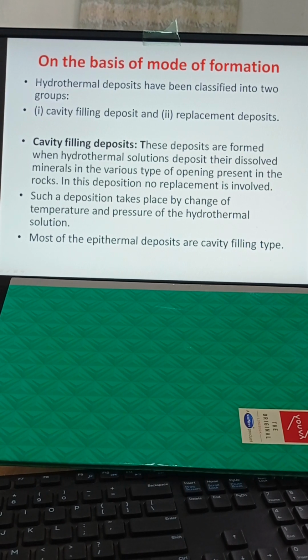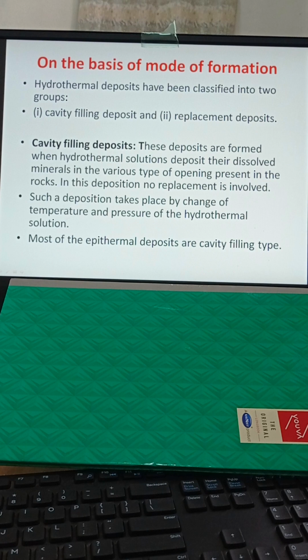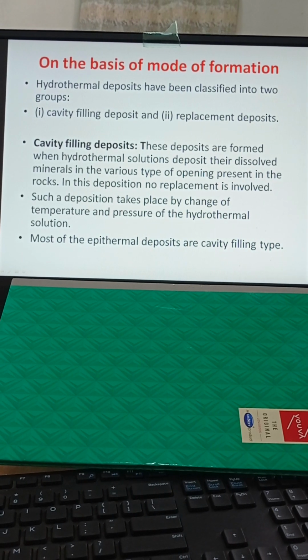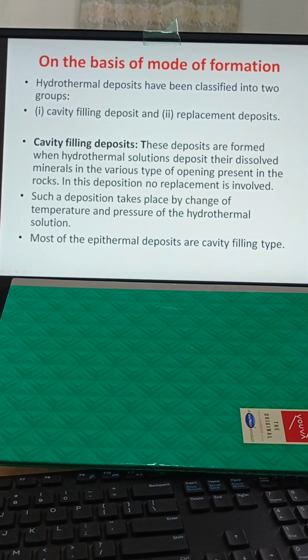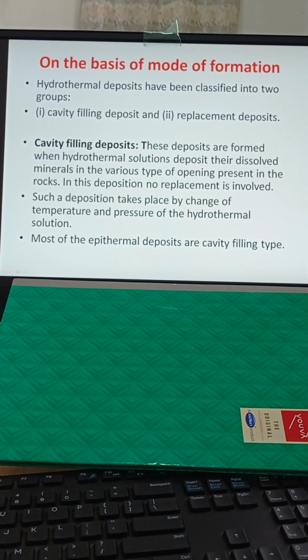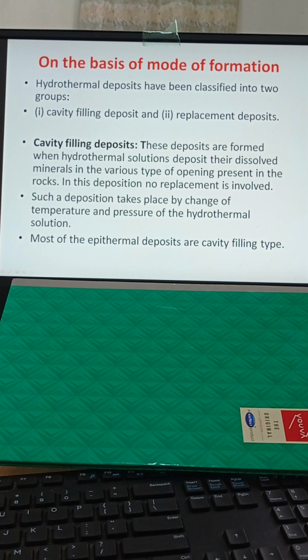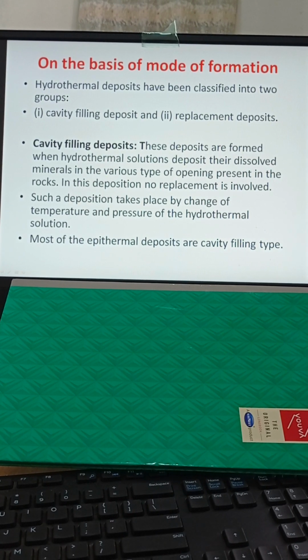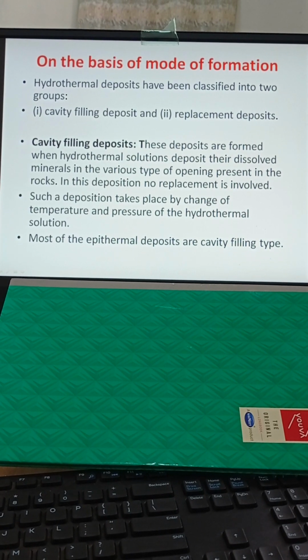These deposits are formed when hydrothermal solution deposits its dissolved minerals in the various types of openings present in the rock. In this deposition, no replacement is involved. Such deposition takes place by change of temperature and pressure of the hydrothermal solution.